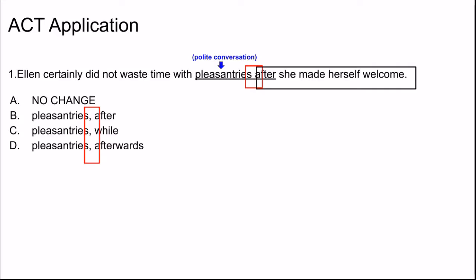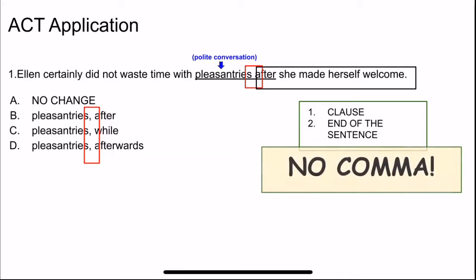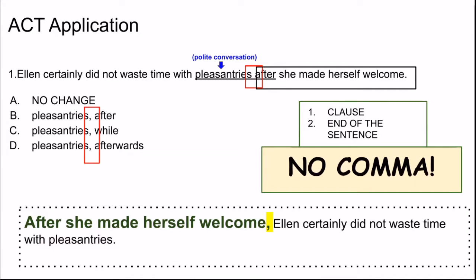It cannot stand alone. And I told you in your notes yesterday that if the dependent clause is at the end of the sentence, no comma is needed. So that should tell you which one to choose. Okay, if that sentence were turned around though, the dependent clause is in the beginning, you do need a comma. Okay, so I'm just showing you the difference in between the 2.